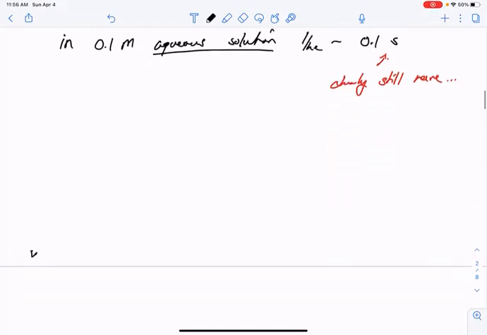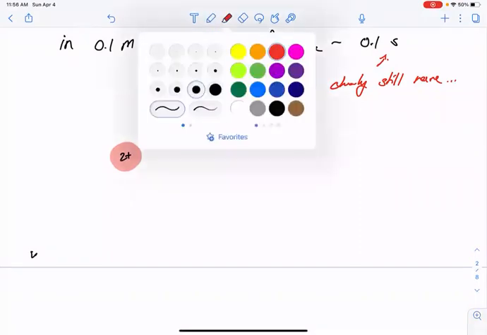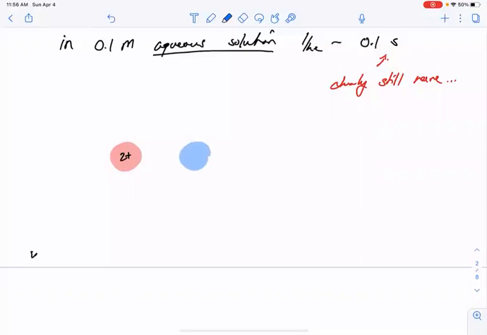So let's actually draw some cartoons for what this actually looks like. So let's imagine we have our ferrous-ferric couple, we have some 2+ state here, and in its vicinity is the 3+ oxidation state.